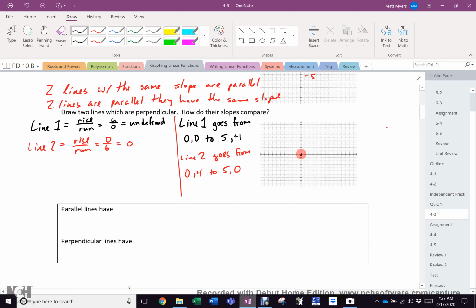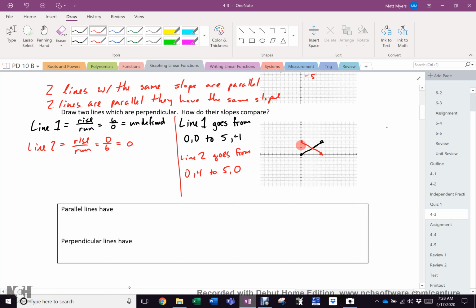So 0, 0 to 1, 2, 3, 4, 1, 2, 3, 4, 5. There is line 1. And 0, 4, 1, 2, 3, 4 to 1, 2, 3, 4, 5, 0.